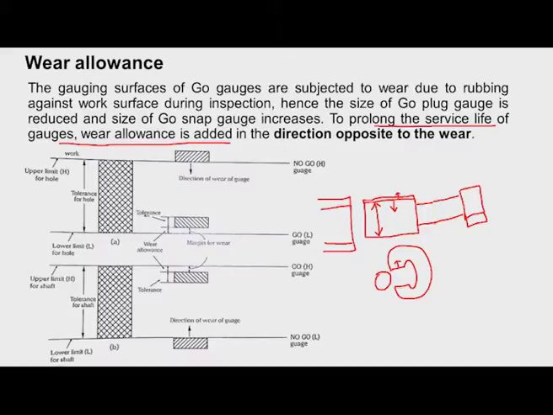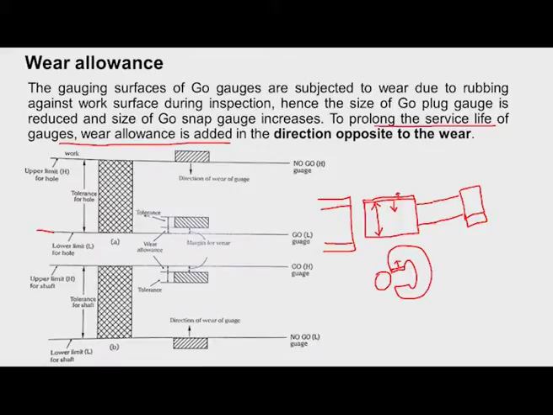So in case of snap gauges, wear is occurring in this particular direction, so wear allowance is given in the opposite direction like this. That is shown in this picture. This is the hole and this is the work tolerance for the hole, and this is the upper limit of the hole and this is the lower limit of the hole. Now GO gauge is designed to the lower limit of the hole.